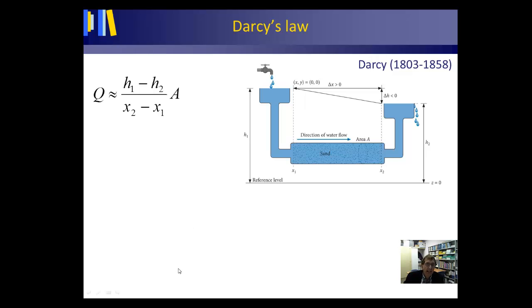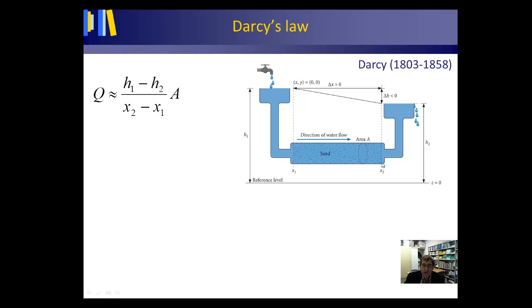So here we have it again, but we can already see, okay, this is not looking very neat, because here I have a term with 2 minus a term with 1, and here it's the other way around. So let's define the difference in hydraulic head as the hydraulic head to which the water flows minus the hydraulic head from which the water flow departs.